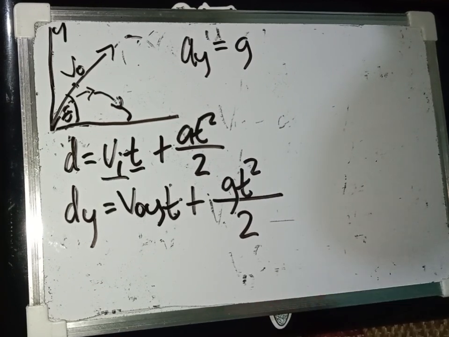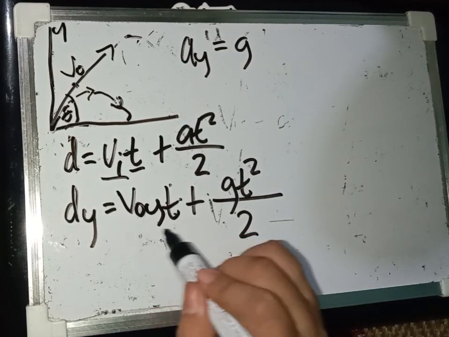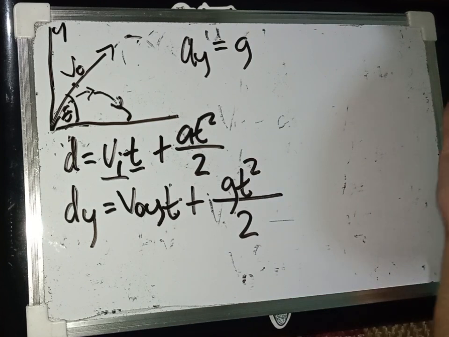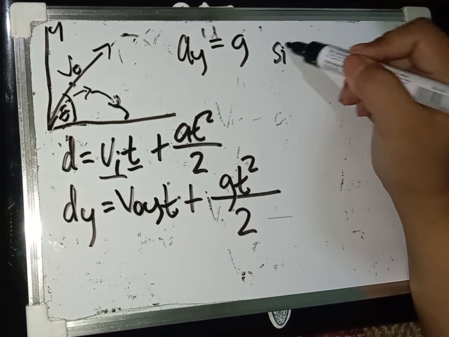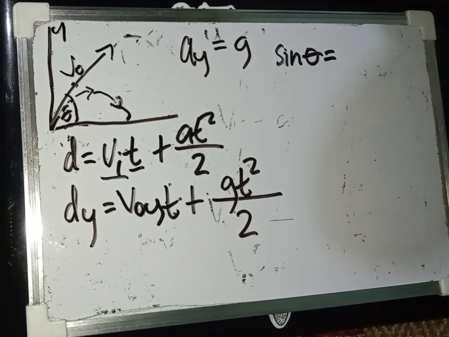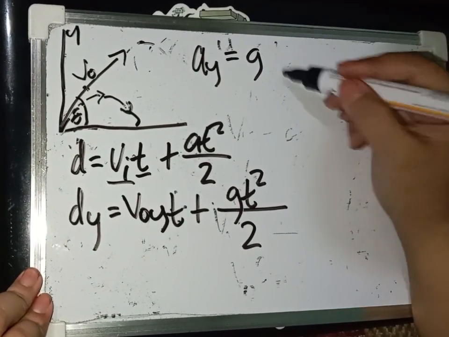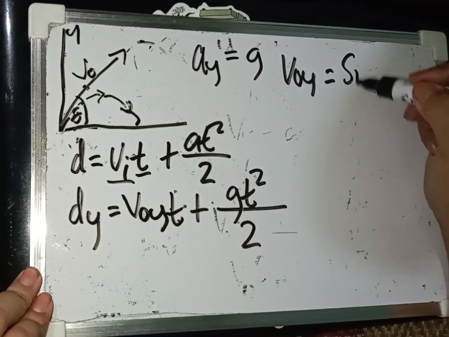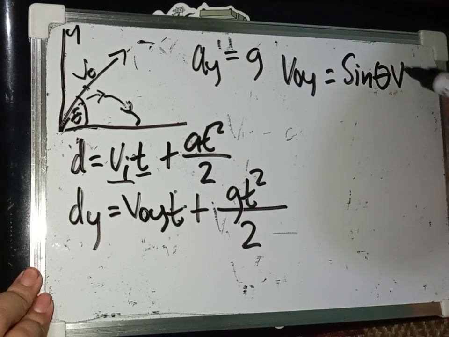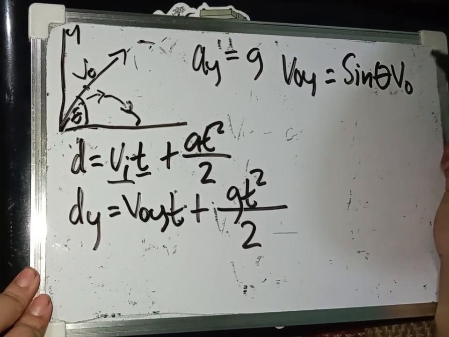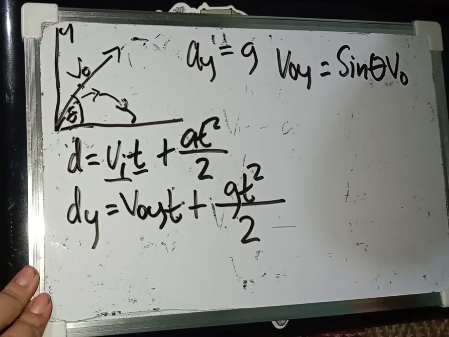And then, again, we already have the value of the v naught of y from the previous derivation, from the previous calculation with the sine theta. We said that the v naught of y is equivalent to sine theta multiplied by v naught, or v naught multiplied by sine theta, that's okay as well.